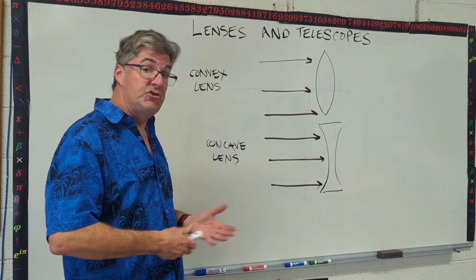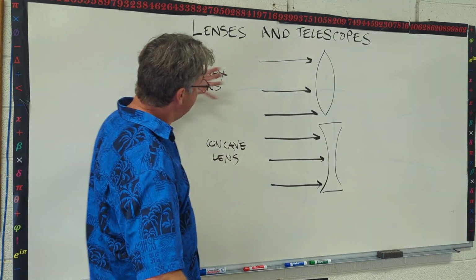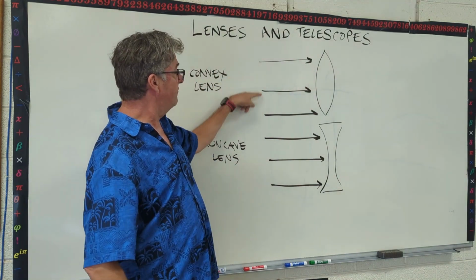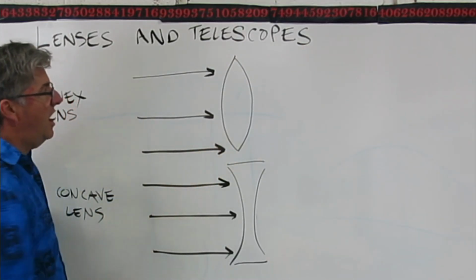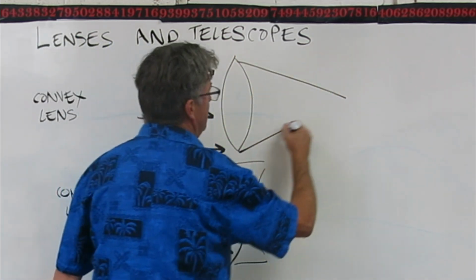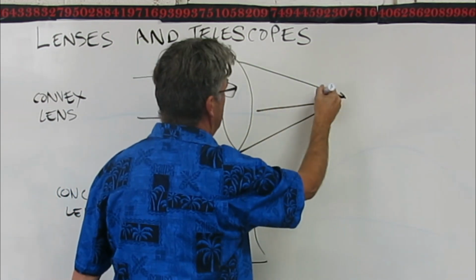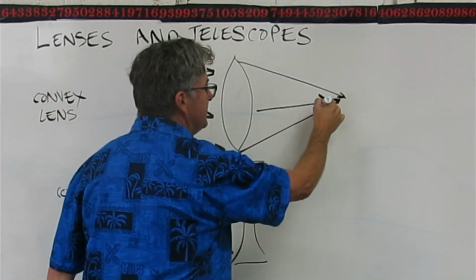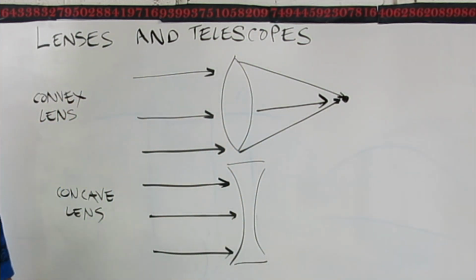Now, these lenses do different things to light. So when you have light coming in from a distant object, the light rays are all parallel, and here's what happens. A convex lens will focus the light like that. So it focuses the light to basically a point where it's in focus.